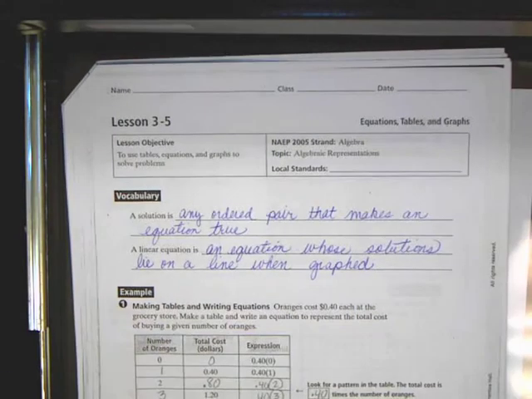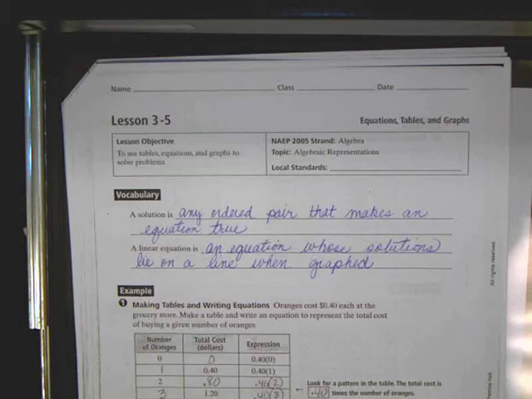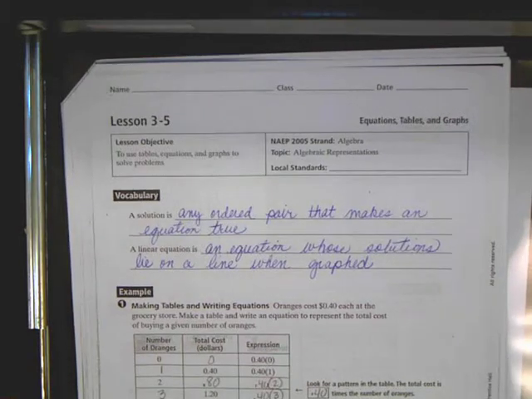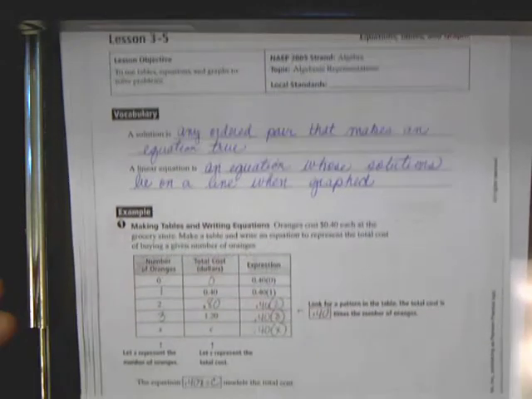So basically this is what we're going to be doing. We're going to be solving equations and then determining whether or not they are linear for some of them. Not all of them, some of them.